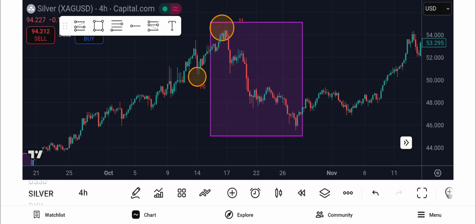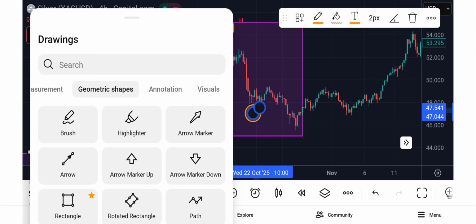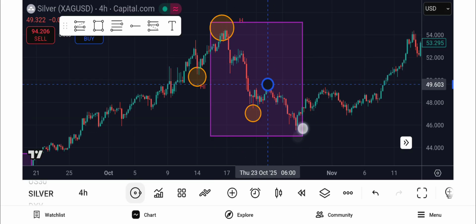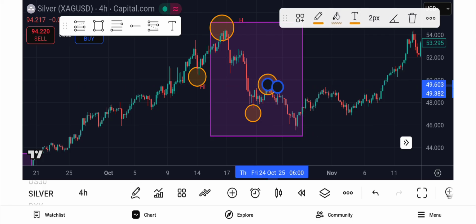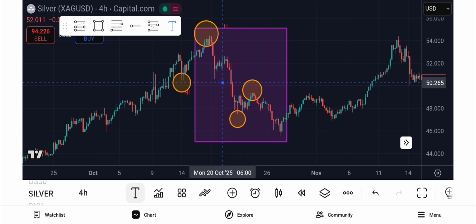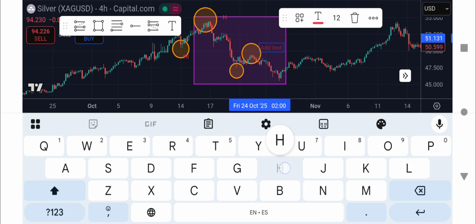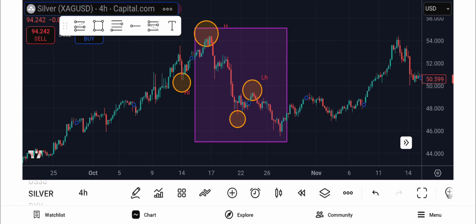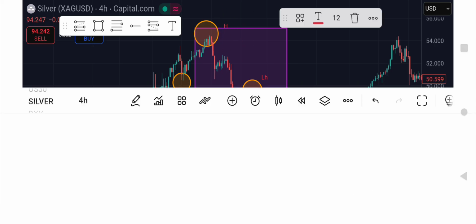Once it broke it, it formed a lower low right here.